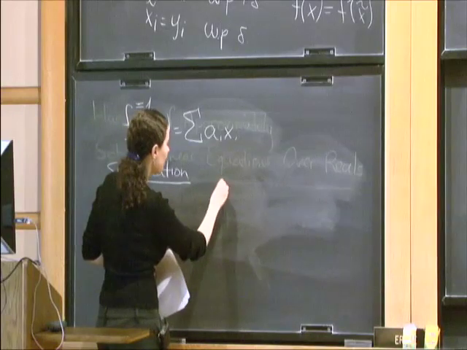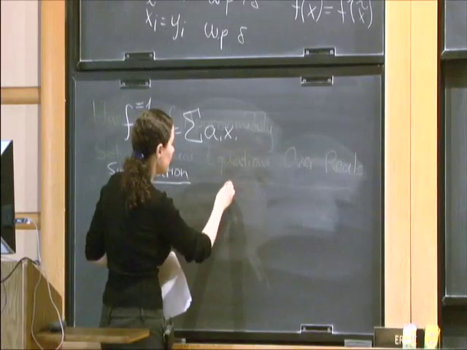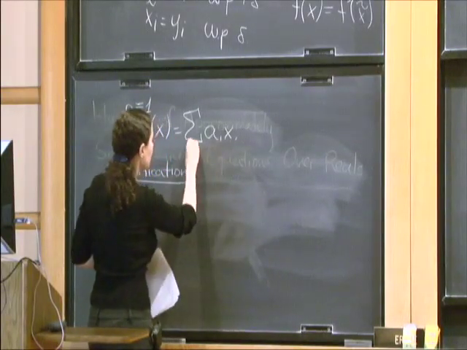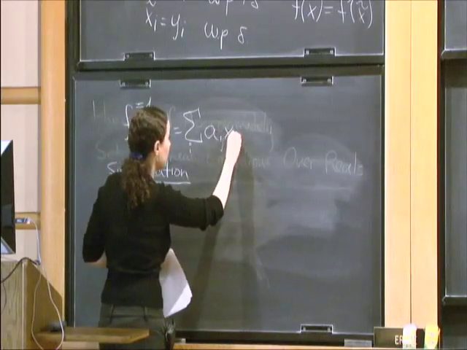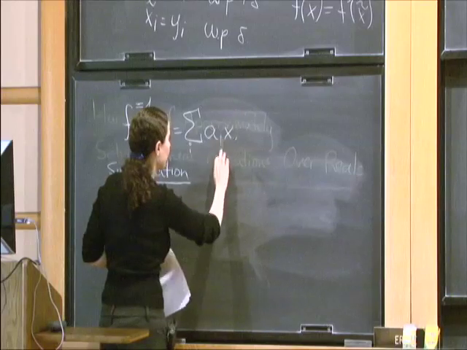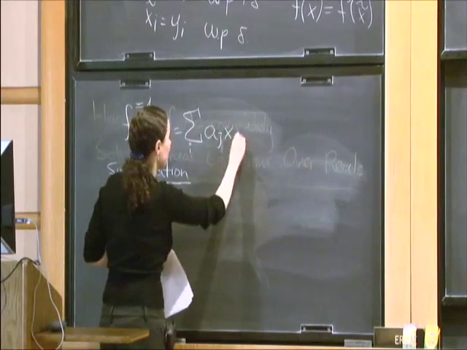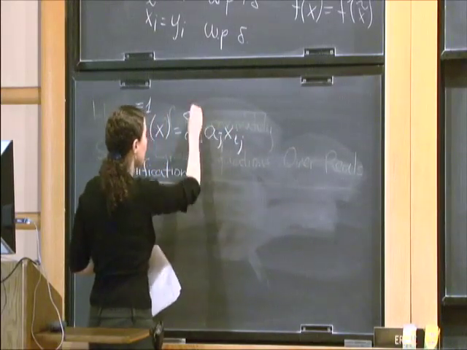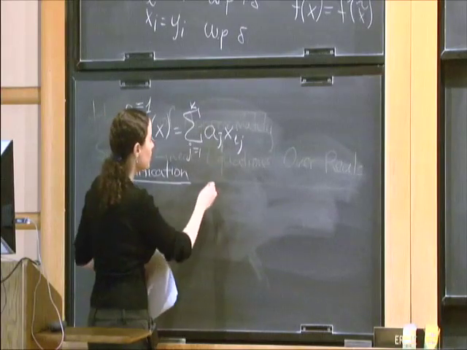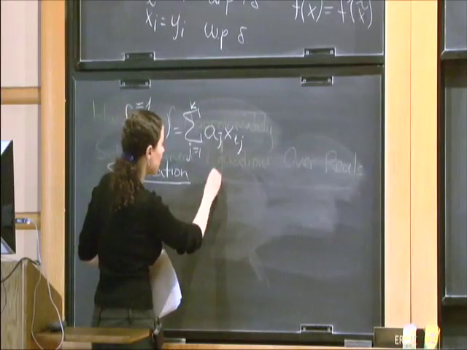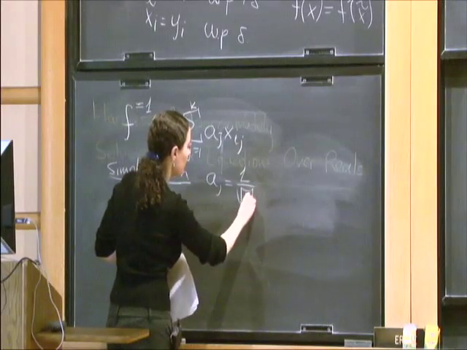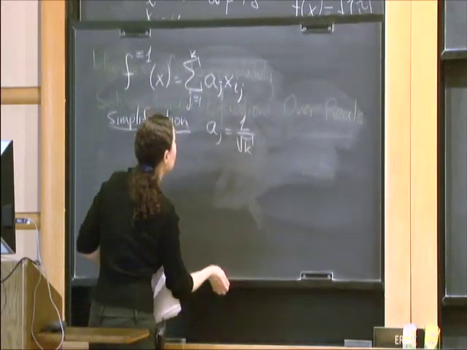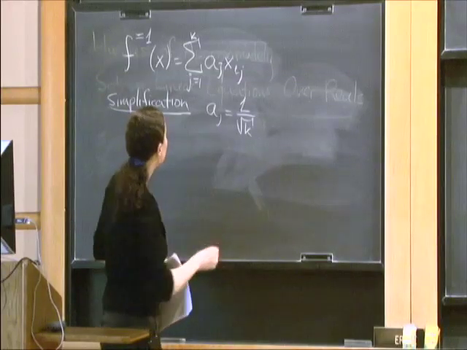Let's assume that all the a_j's are the same. So this is, let's say, a_j x_j, j runs from 1 to K. All the a_j's are the same and equal 1 over square root K. Okay.